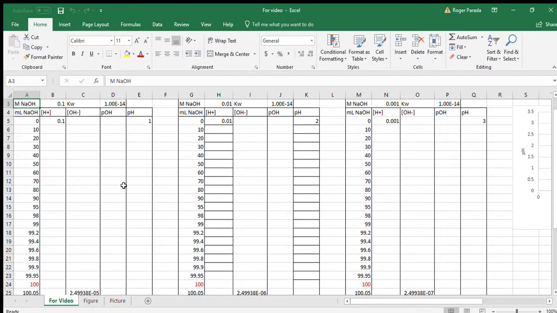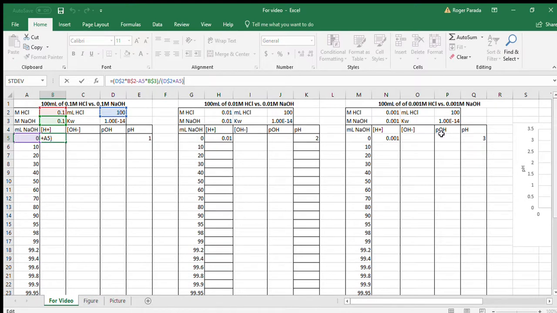So first, after we set up our graphs here, our charts, we'll want to calculate the concentration of H+. And you see we have some reference cells here. And basically what we have is the millimoles of acid minus the millimoles of base, all divided by the total volume.